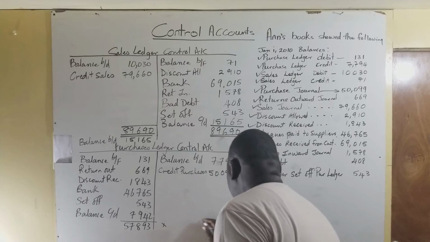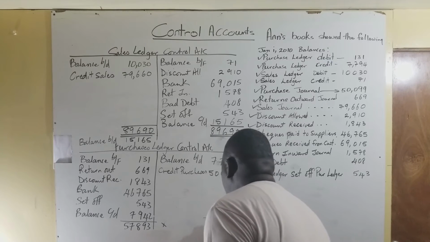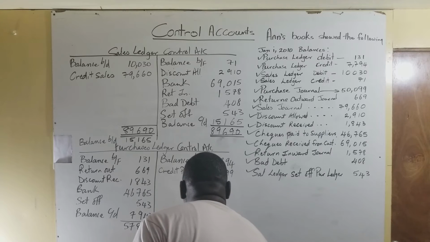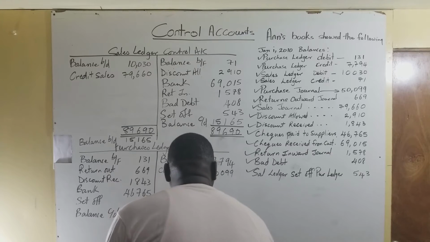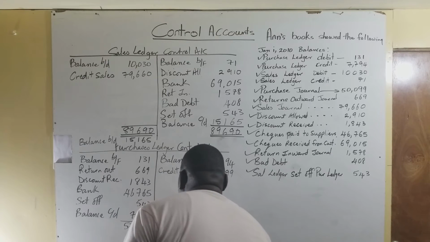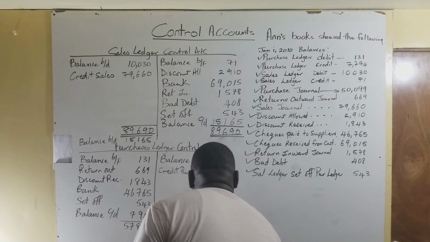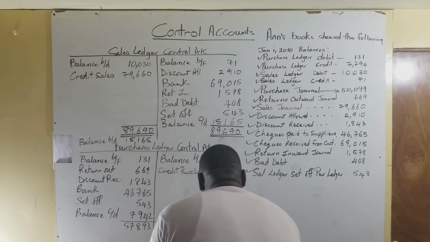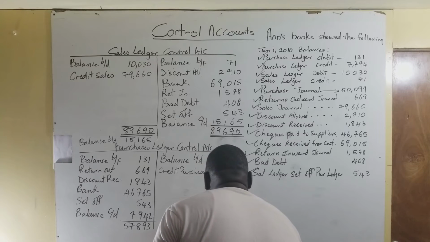We come to this side, draw our line here as well, and it is 57,893.